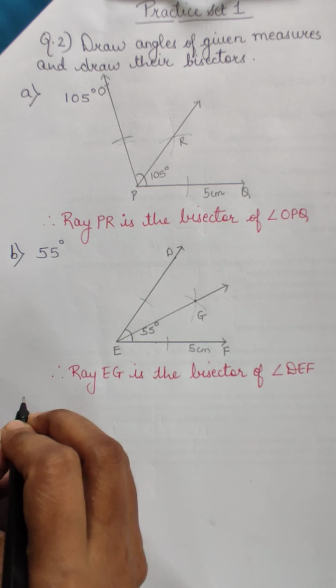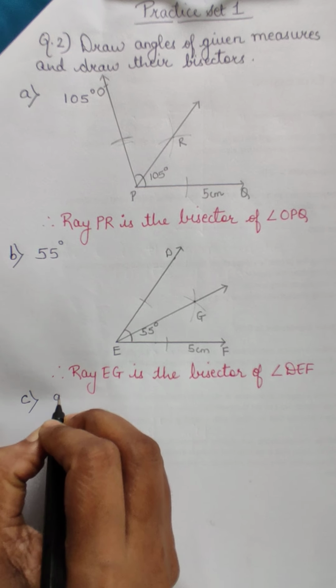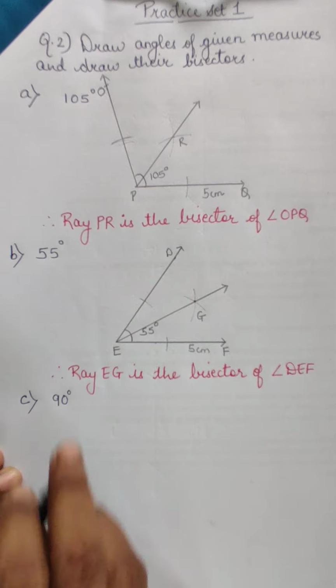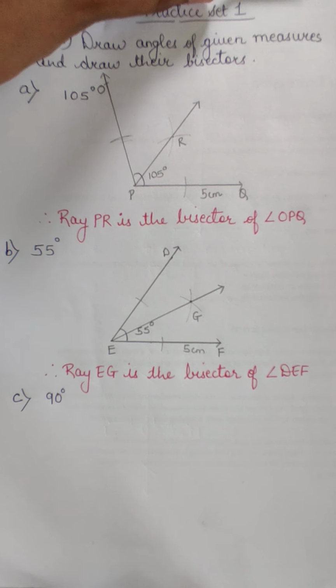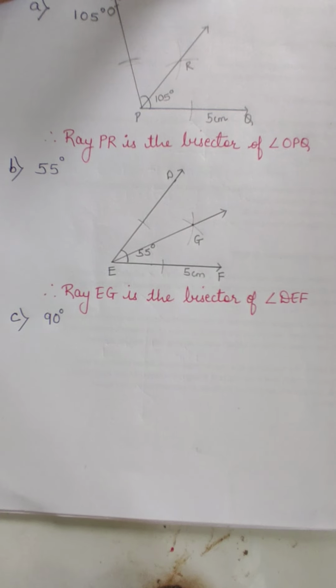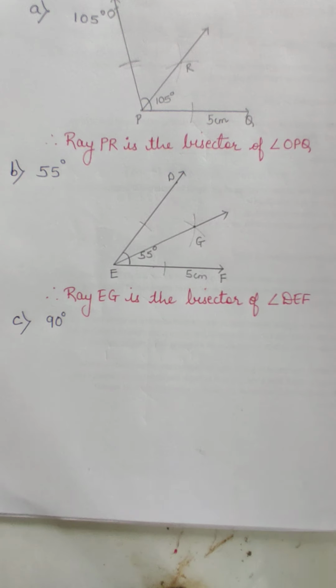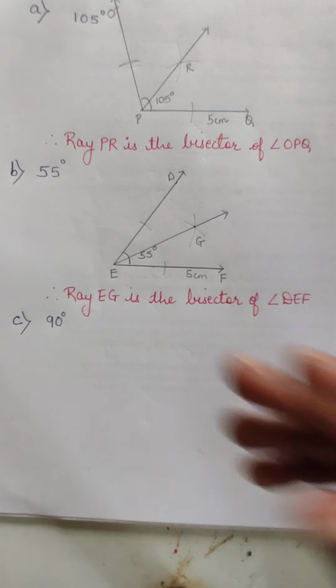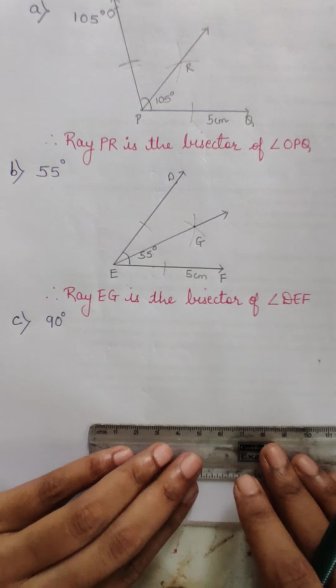The third question, the last question, is 90 degree. Now again, first we will draw a line of 5 centimeter. I will name it as MN.